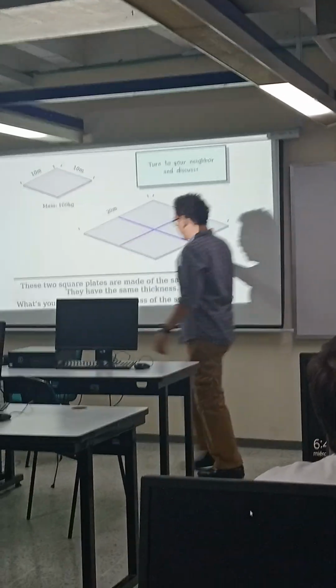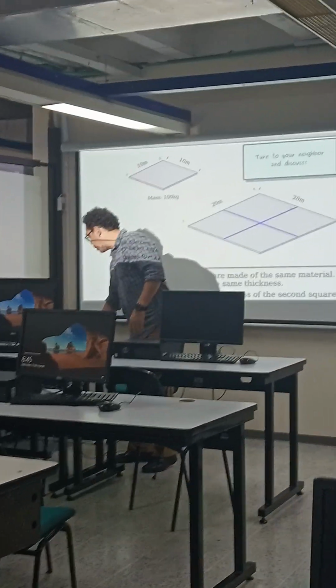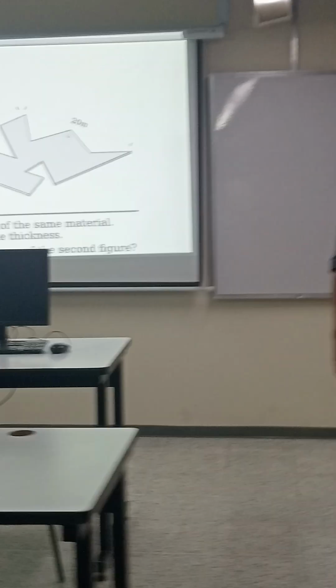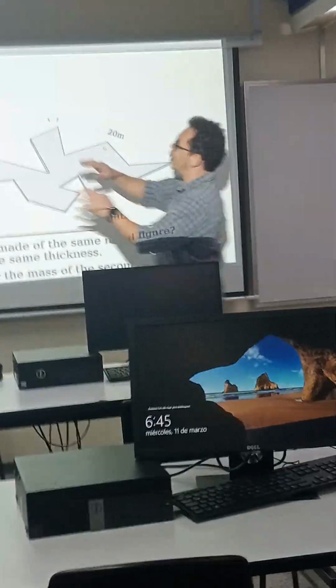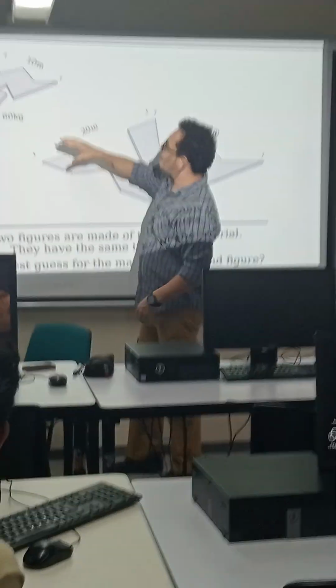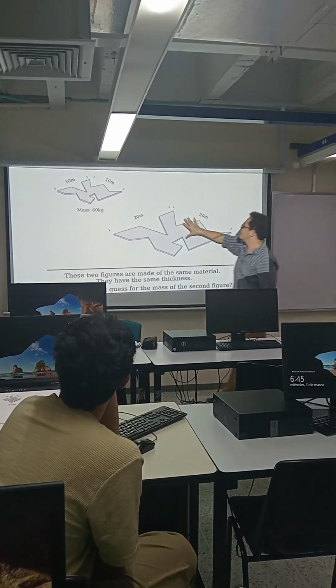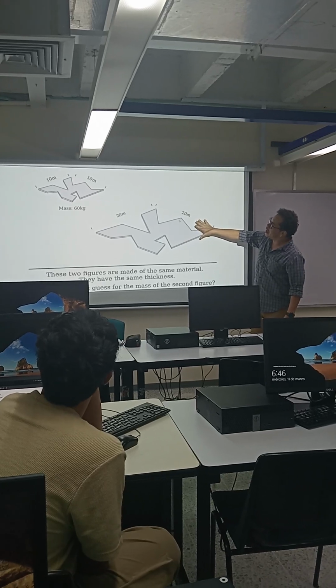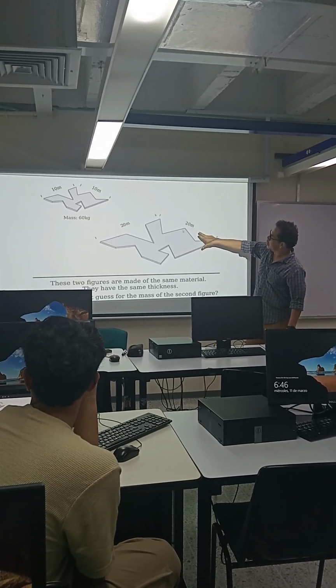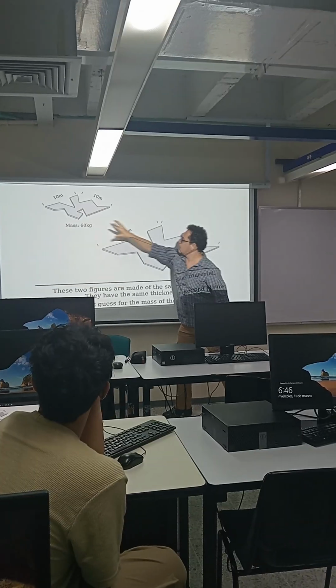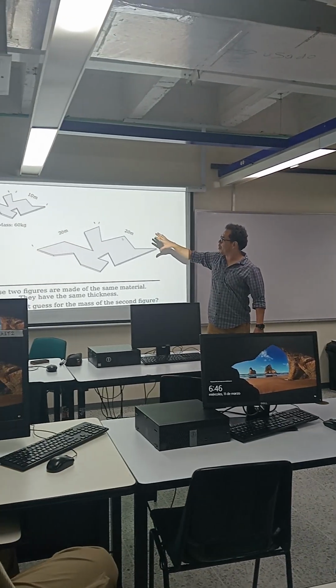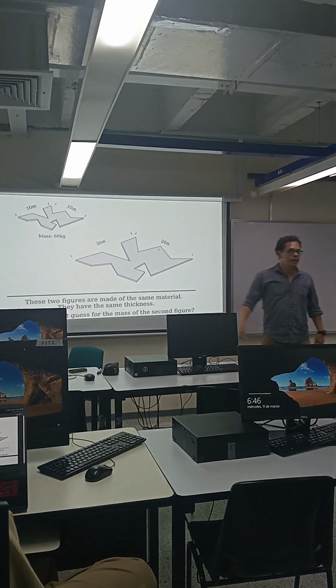Yeah, this is what we can estimate here, but in this case it's not easy, because the shapes have a regular form, but if this, for example, has 60 kilograms and this one is 20 and 20, we can estimate maybe the mass of this figure.